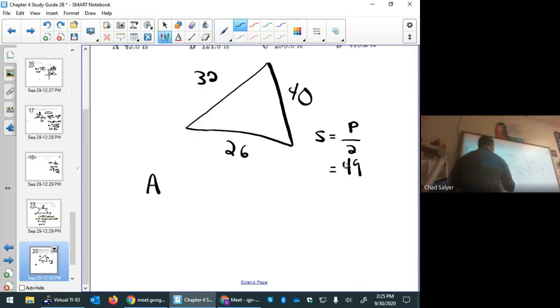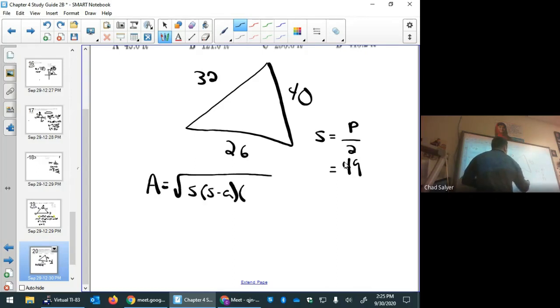And remember, the formula is the area is the square root of that semi-perimeter multiplied by the difference of that semi-perimeter in each of the three sides. So that's going to look like this.